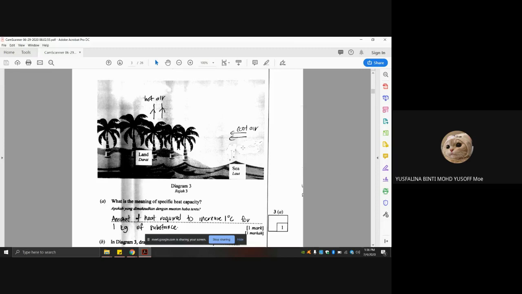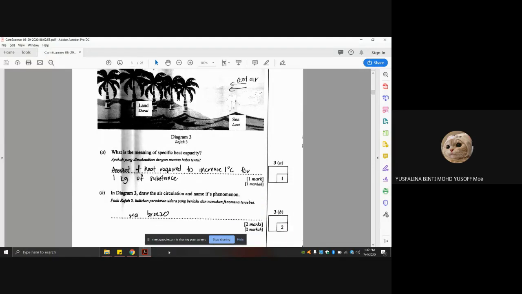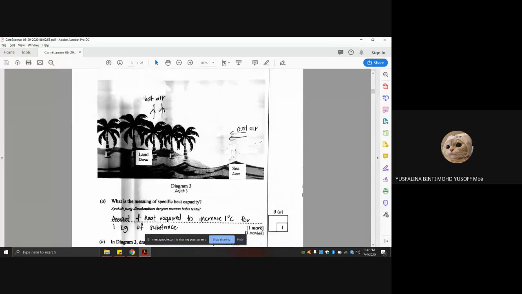The cool air from the sea will go to the land. This is called the sea breeze. So the phenomenon is sea breeze. This is the air circulation for the sea breeze: the hot air goes up and the cool air goes to the land.